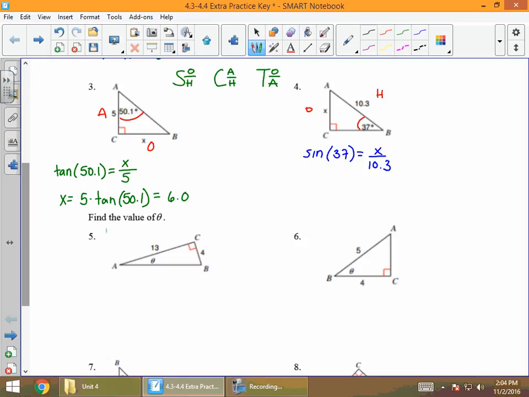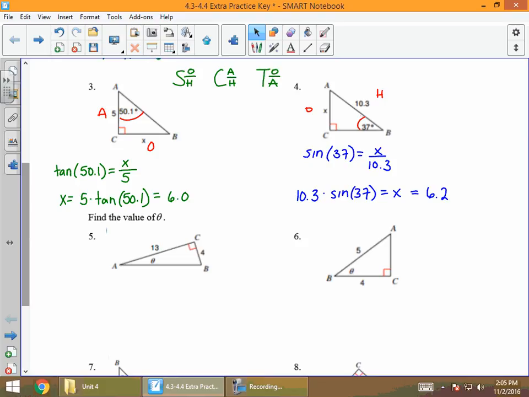That's X divided by 10.3, so again, I multiply both sides by 10.3. So 10.3 times the sine of 37 is equal to the X value. And in this case, rounded, X should be about 6.2.